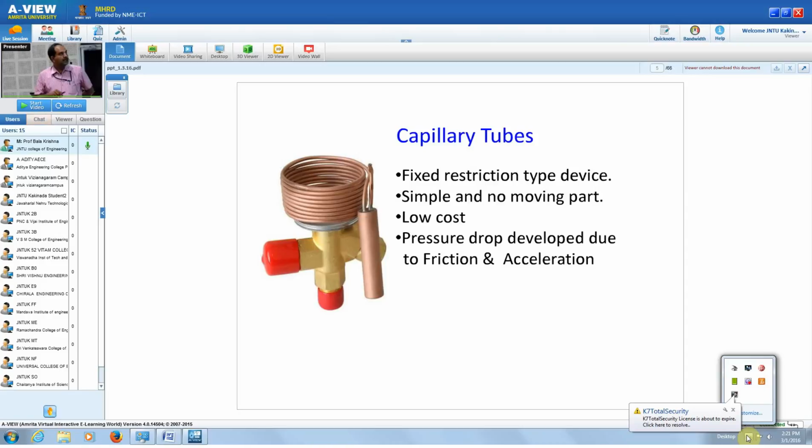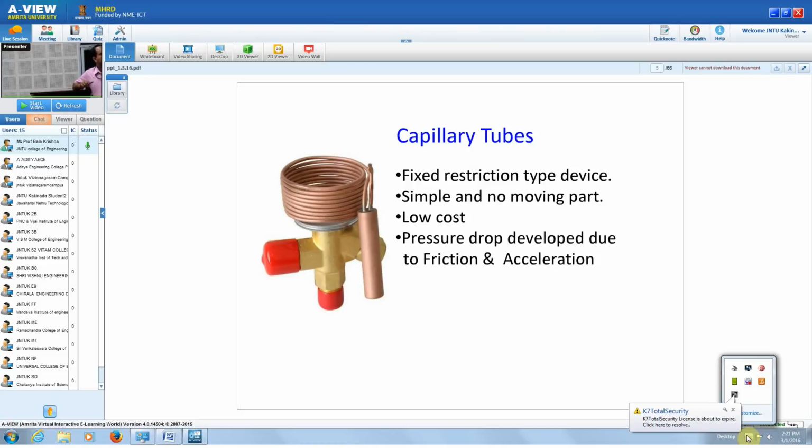This is called the capillary tube. I think we can see it in our refrigerator on the back side. It is located after the condenser, right? And before the evaporator. The diameter of the tube is very small, below 1 mm.